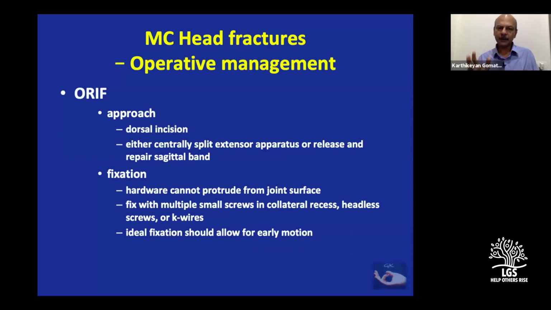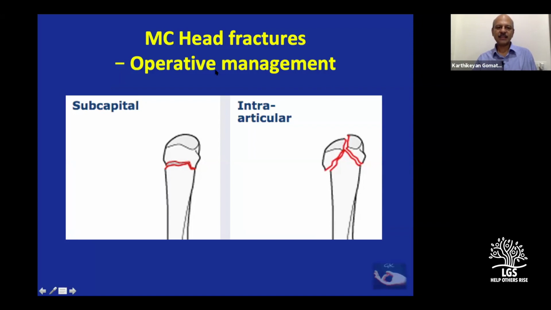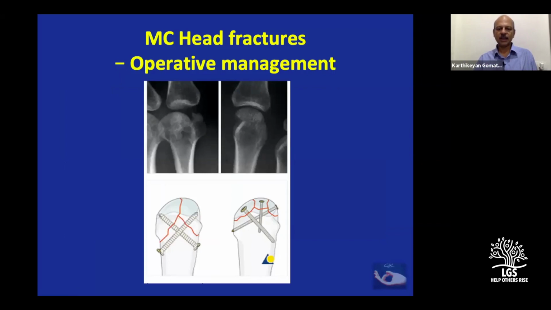The whole point about metacarpal head fractures is movement, and internal fixation should allow that movement. You can have either subcapital fractures or intra-articular fractures. In intra-articular fractures, definitely it needs screw fixation, whereas for subcapital fractures, even K-wires can be used. Now these are intra-articular fractures. You can see the screw fixation being done.